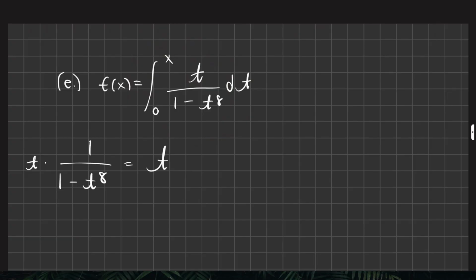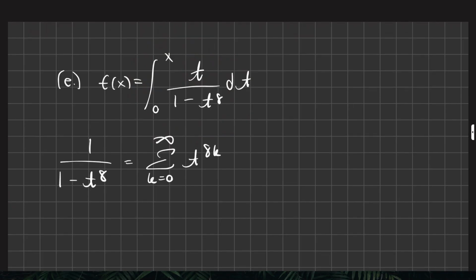So this is t times the sum, this time I'm going to call it k. Let's ignore this t for now. We'll just consider this. This would just be the sum from k equals 0 to infinity of t to the 8k.